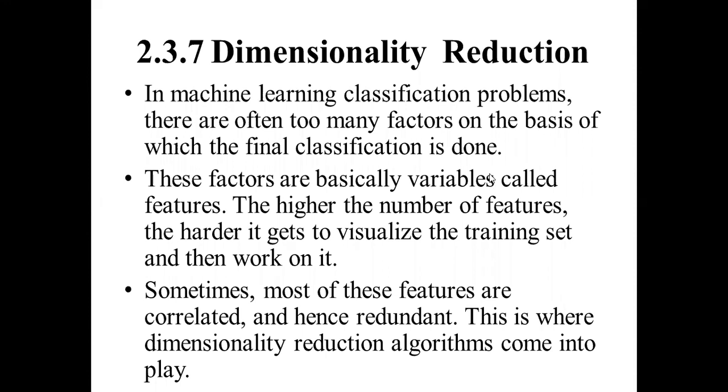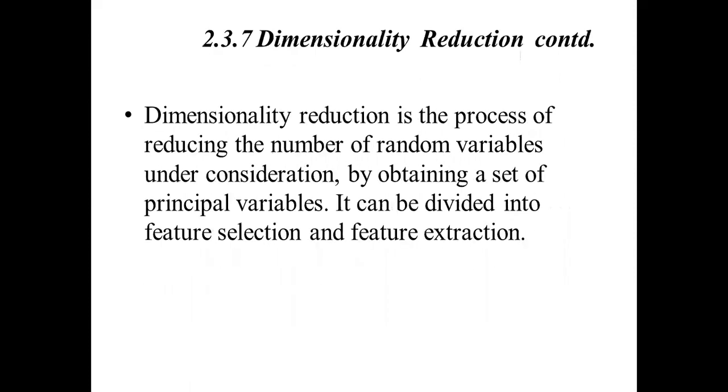So dimensionality reduction means that instead of having n features, I will have some m features, where the m value is less than the n value. Previously, I was studying 100 attributes. Right now, I'm studying only 50 attributes, which are correlated.